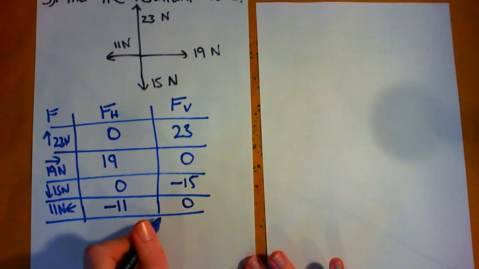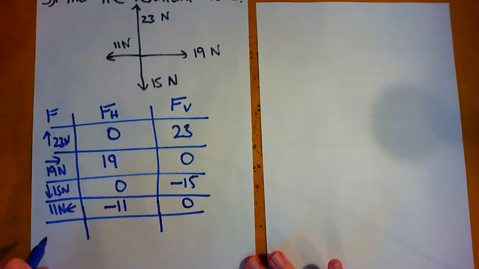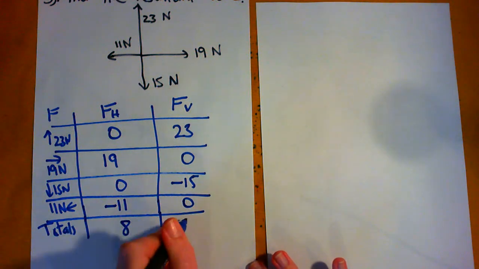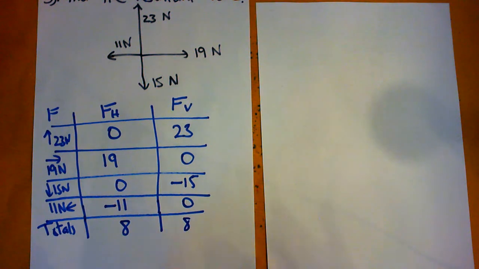So let's work out the totals. If we add up that horizontal column, we get 19 minus 11, which is 8, and in the vertical direction we've got 23 minus 15, which is 8. So our totals are 8 in the horizontal direction and 8 in the vertical direction.